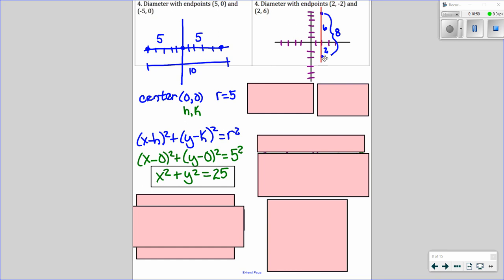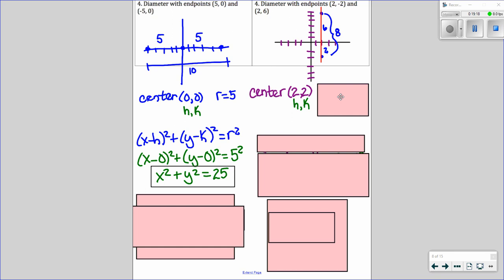But then where is the center of that line? The radius is 4, so you need to count 4 from that point. If you did 1, 2, 3, 4, it puts you at (2, 2). So I found my center as (2, 2) for that line, which is my (h, k).